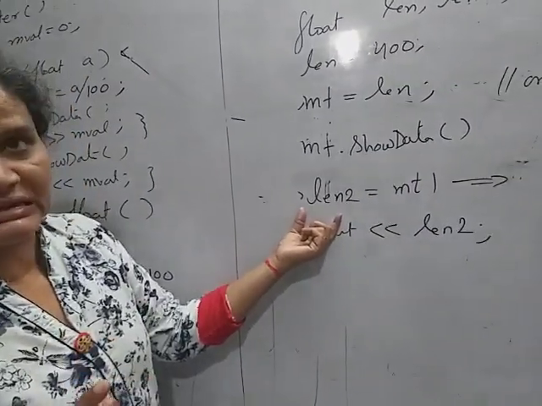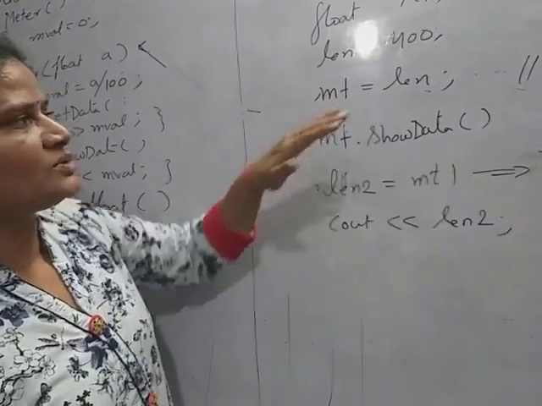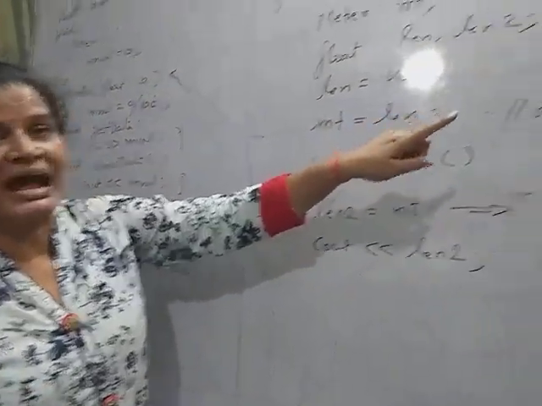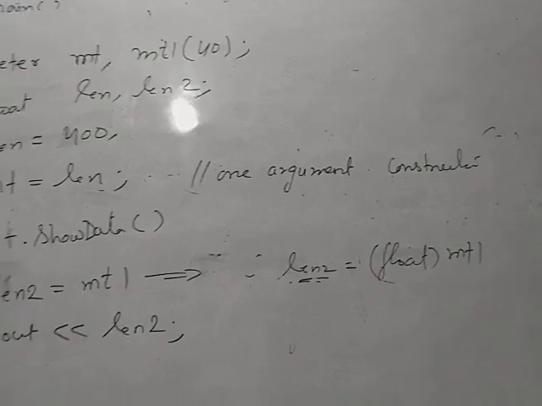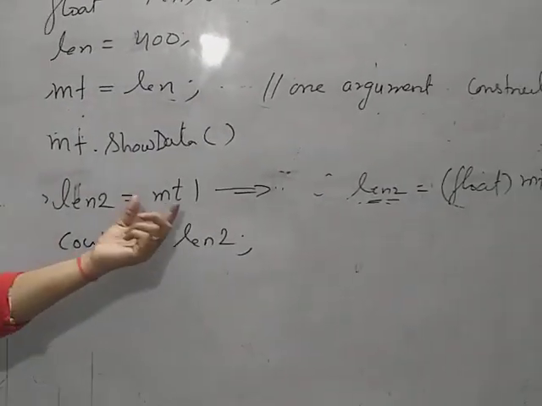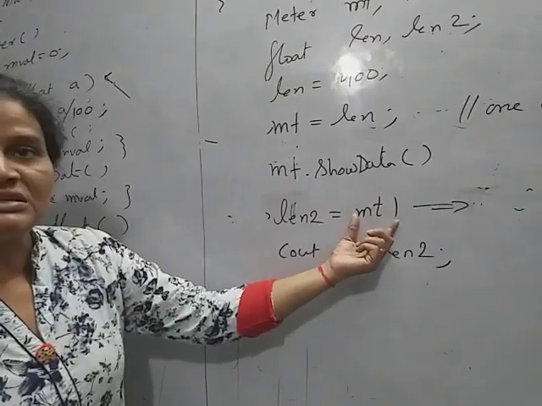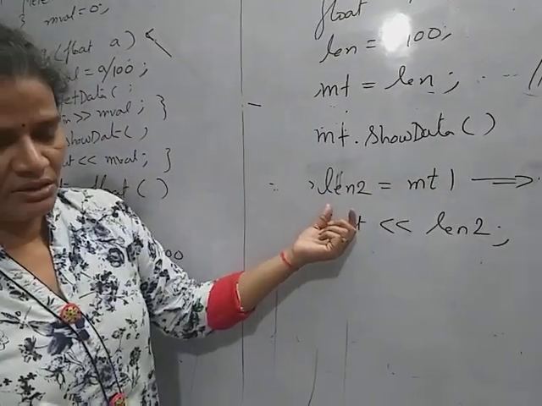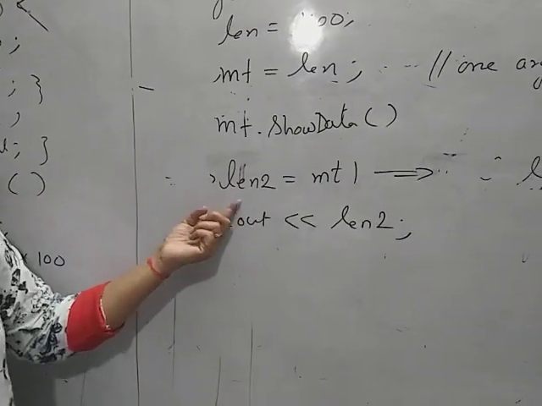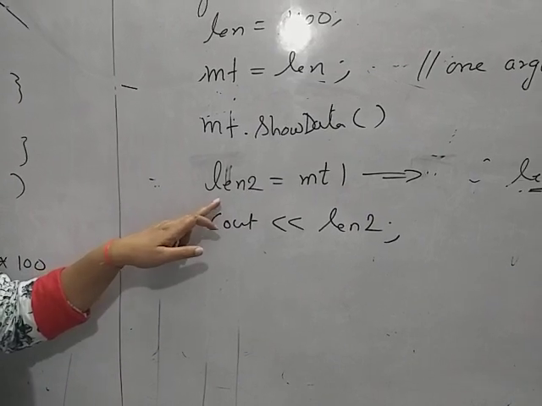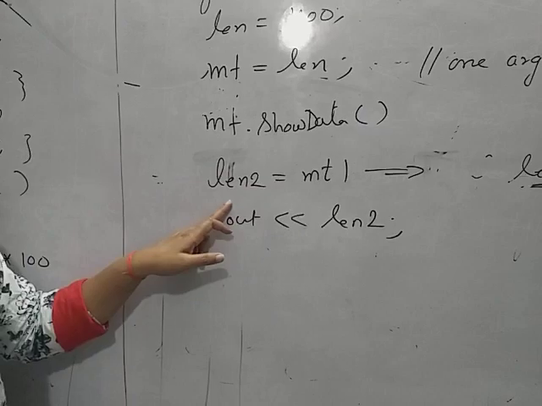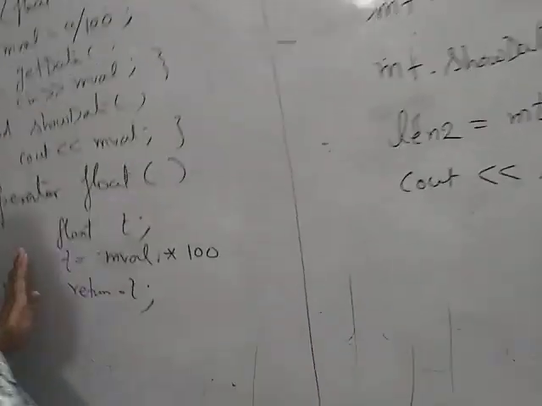I said there are three ways. Either you want to convert basic type into user defined, so this can be achieved using a one argument constructor in the destination object's class. The second is when you are converting user defined data type into basic type, and this is achieved with the help of a special conversion routine called the operator routine.